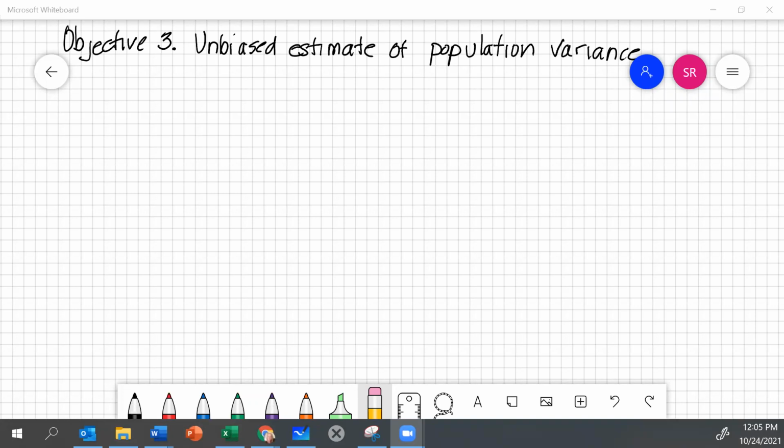We are now going through Objective 3, creating an unbiased estimate of the population variance. This is the third key factor that you need to know so far. So recall the situation that we're in right now.